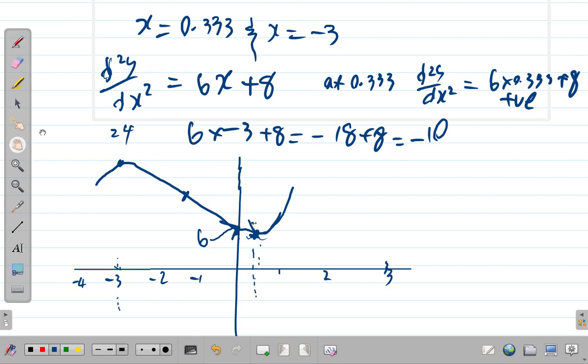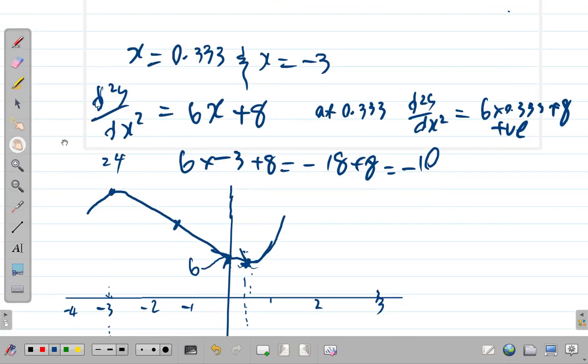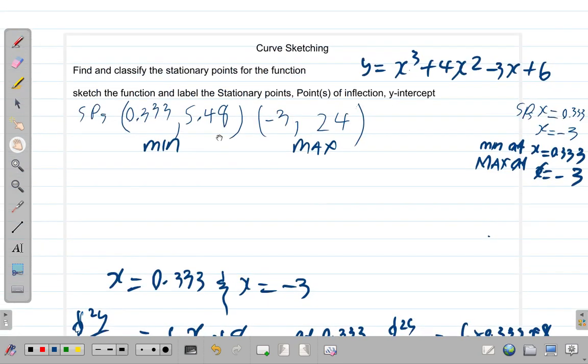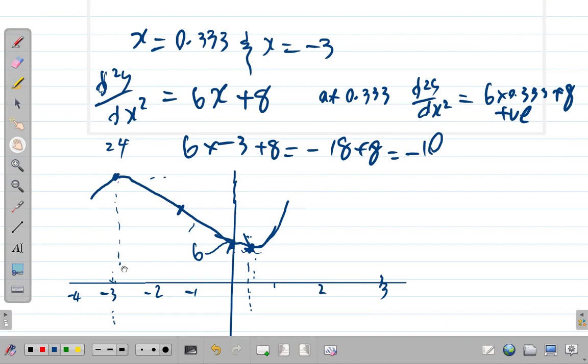The point of inflection. Let me look back at it. The maximum is at -3, 24.